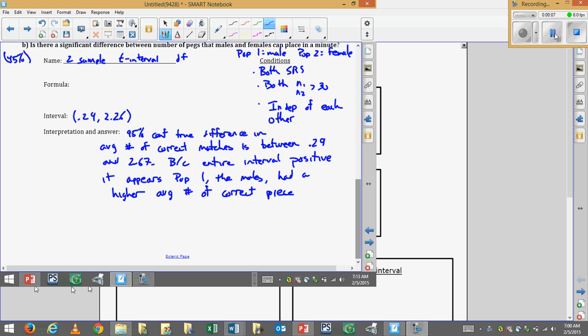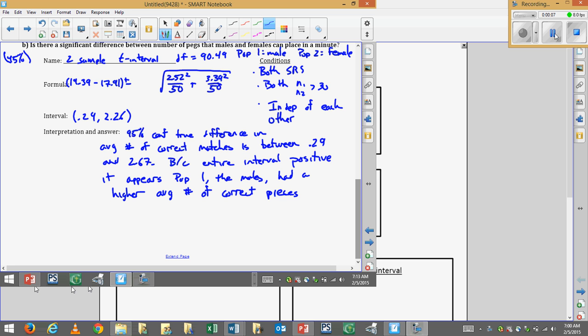So we'll go back and backfill the formula now. So x bar 1 was 19.39. X bar 2 is 17.91. I'm going to have to go get that degrees of freedom. So let me fill in the rest here. 2.52 squared over 50 plus 3.39 squared over 50. So the degrees of freedom were 90.49.